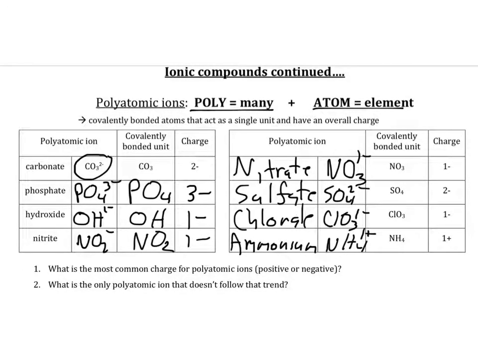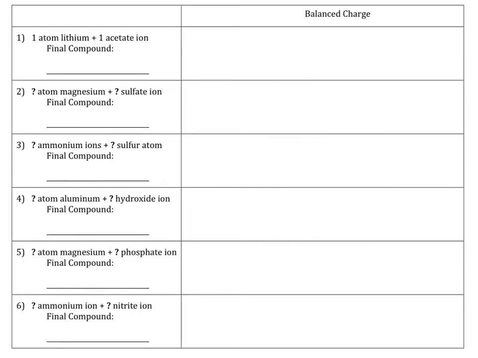And so, again, the key here is that these are groups of atoms. They don't separate from each other. They are covalently bonded together, and they have either gained or lost electrons. All right, so let's go ahead and talk about how we can figure out the formulas here.